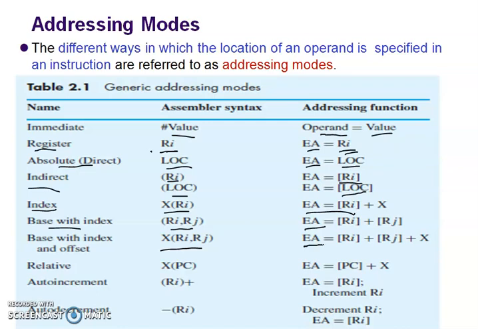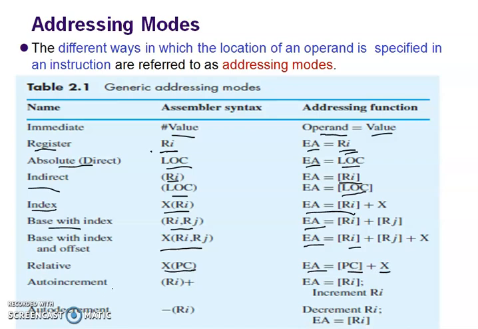So effective address will be taken as Ri plus Rj plus X. Then relative addressing mode makes use of PC instead of the register value. So the notation is given like this, X of PC, where effective address is equal to PC plus X.